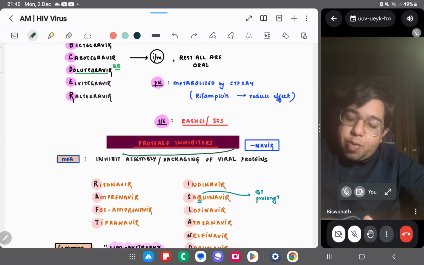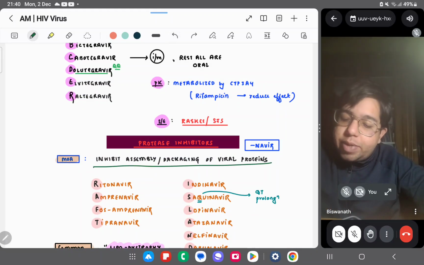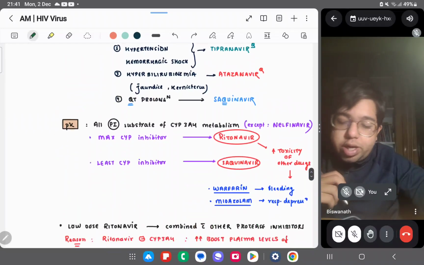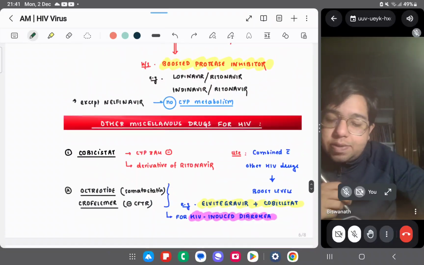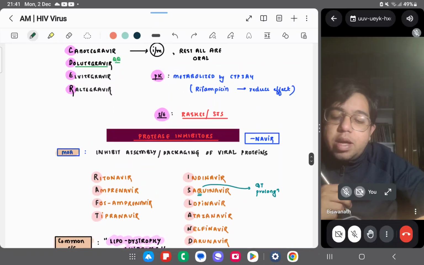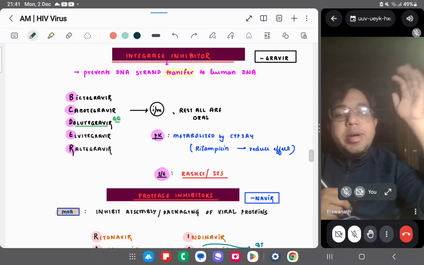Now let's talk about protease inhibitors. These inhibit the assembly or packaging of viral proteins. This is important, so remember specific side effects as well, and then we'll discuss the management. Let's revise.